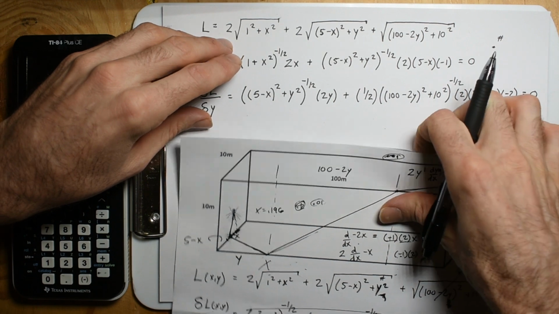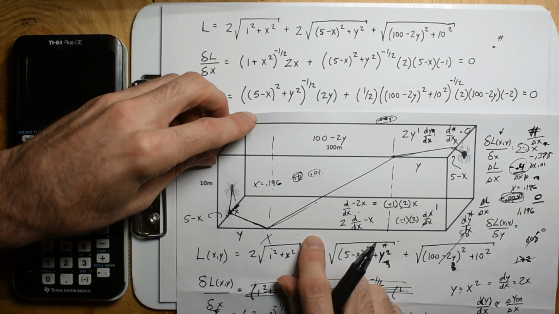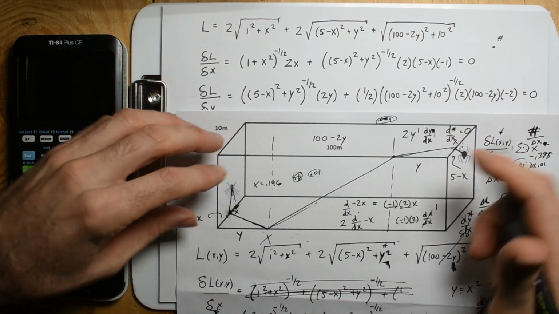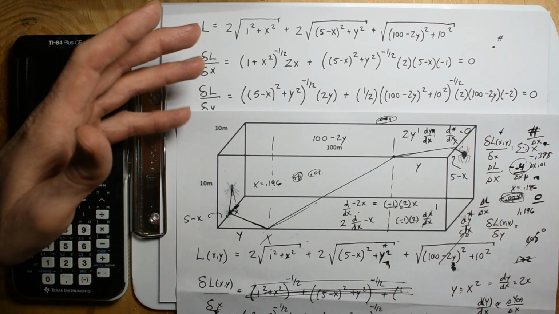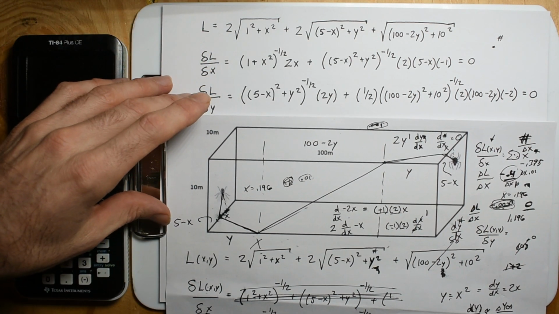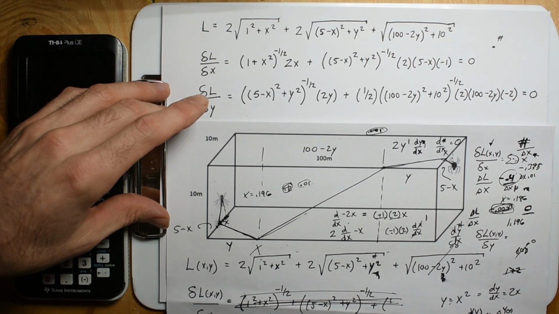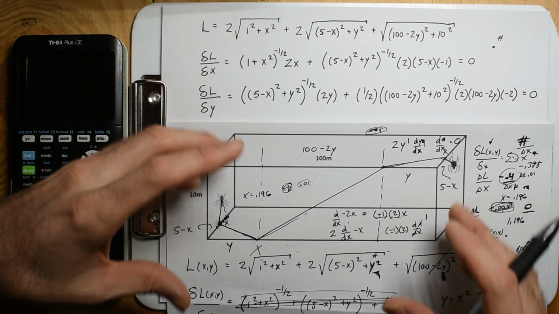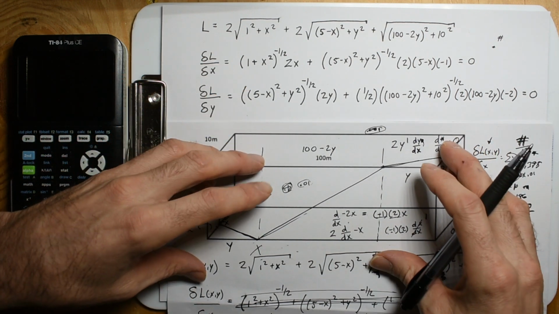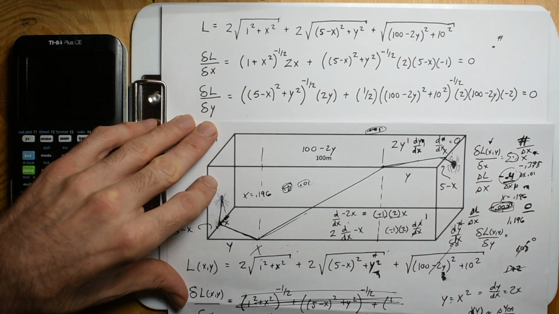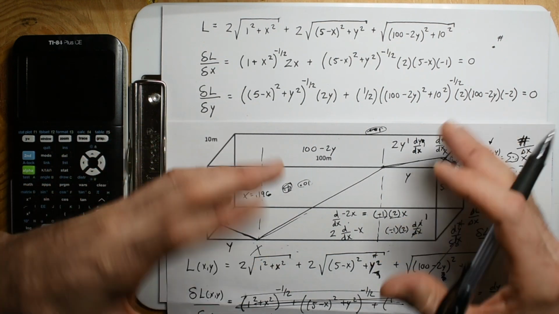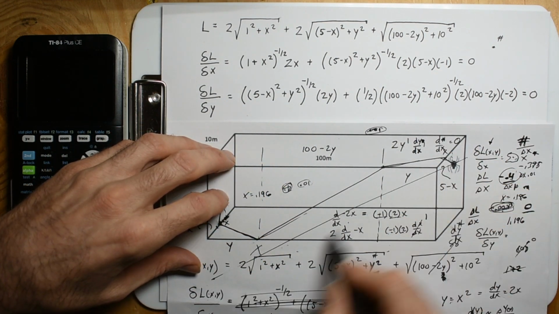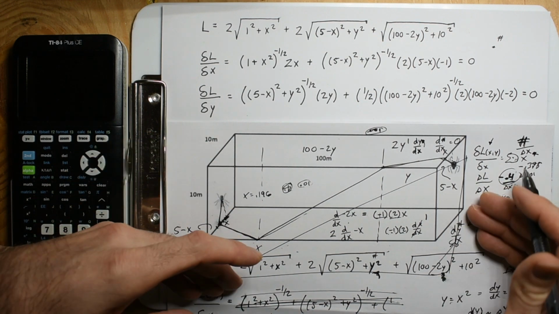The cool thing about this problem, and the quick solution, is that it's a straight line when you just unfold the box. I'm not going to go over that because I think it's magic. I'm going to stay 10 miles away from that idea, because this opens up the door to learn partial derivatives, and that's kind of cool. But at the end of the day, if you do unfold the box, you're going to have a straight line, and it's just going to use the Pythagorean theorem.